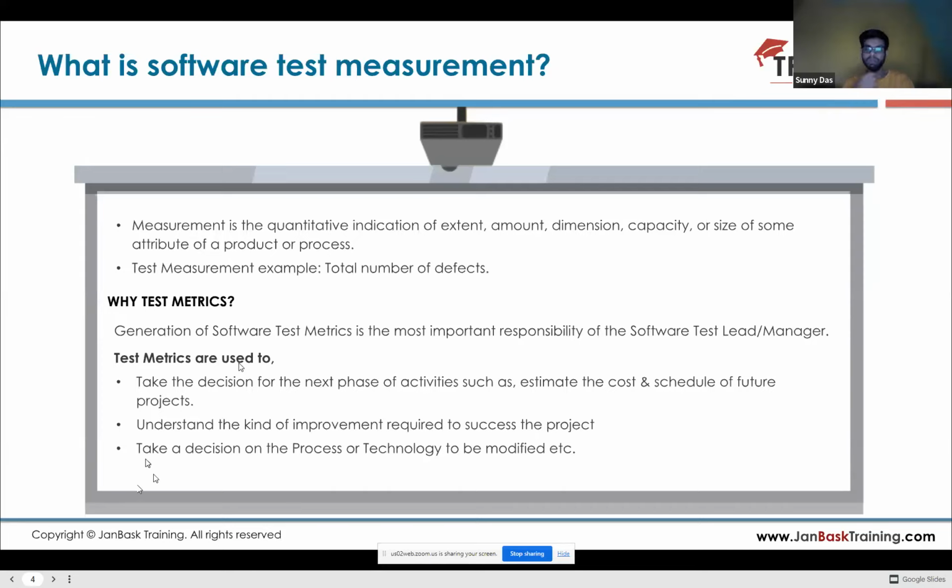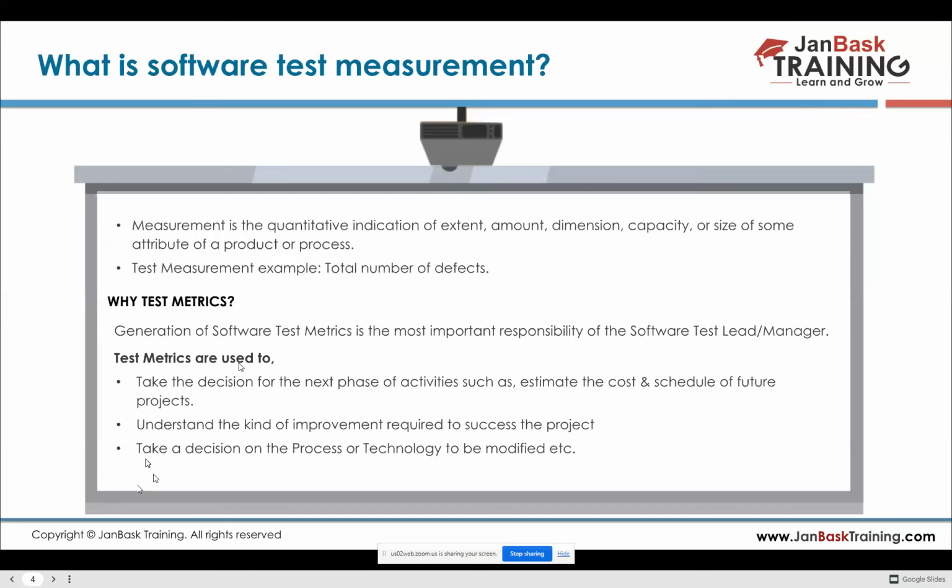Now due to that particular technology you are getting a lot of bugs, right? But if you use some other technology, it will make the software more efficient, and you will get fewer defects. So in that case also it is helping to take a decision. So this test metrics will help the management to take a decision on whether modifications to the process or technology are required or not.